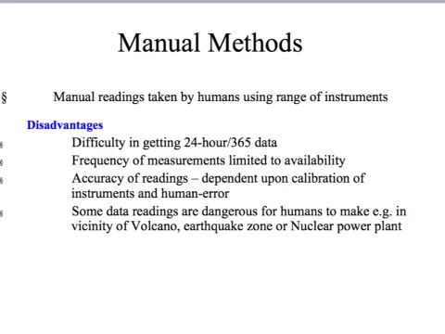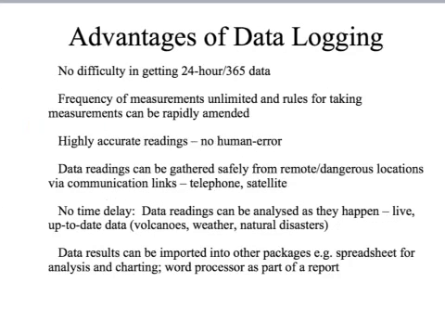So here's the advantages of using automatic data logging and control. It can be recorded 24/7. The frequency is unlimited, so you can take it once a second. It's highly accurate, so the computer will always take an accurate result.